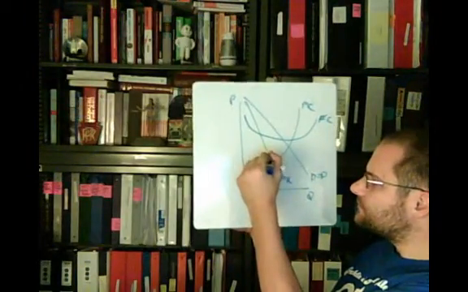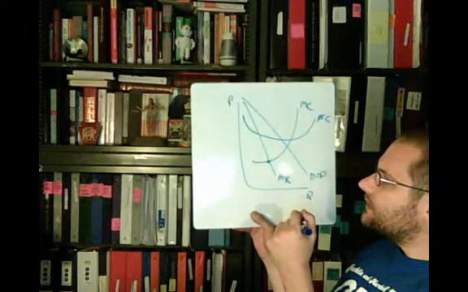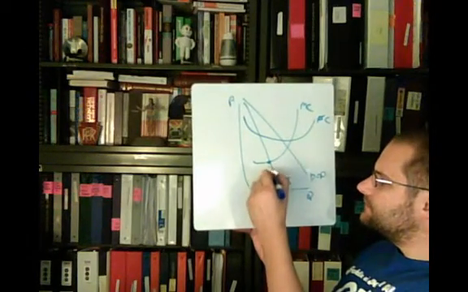The opposite situation would be where it's earning a profit. Something like this. MR equal to MC.